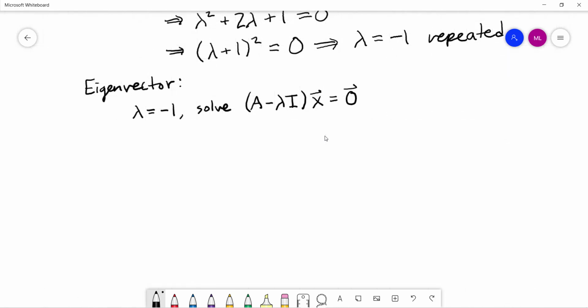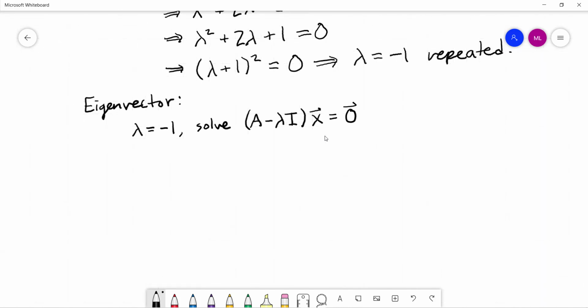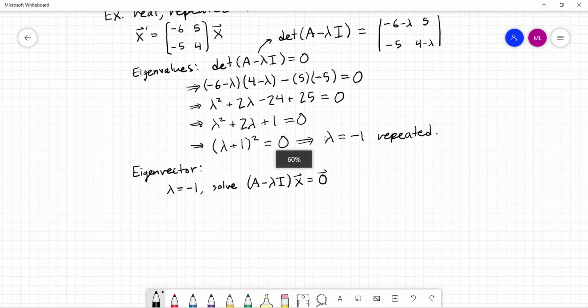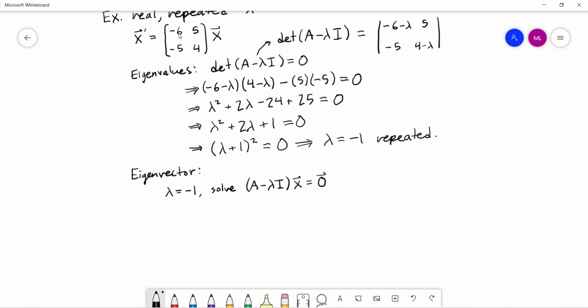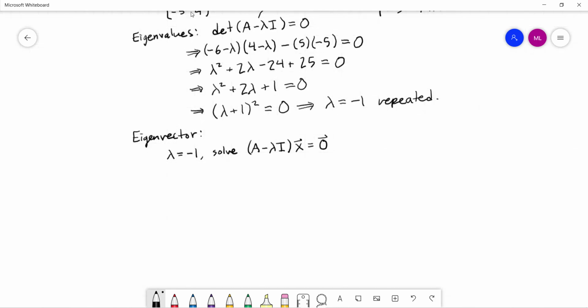Okay, so with that in mind, A minus lambda I is this matrix, but where we've subtracted negative 1 from the two terms on the diagonal. So what is that going to look like?